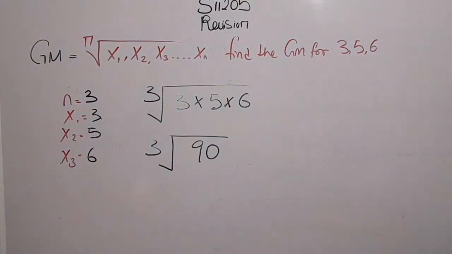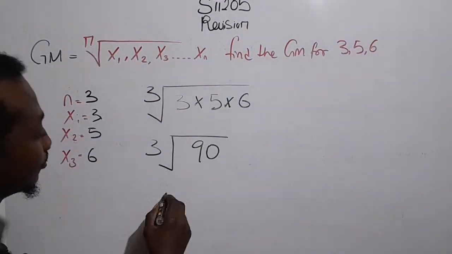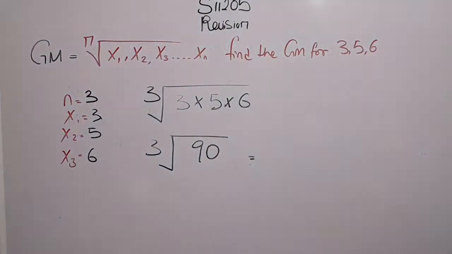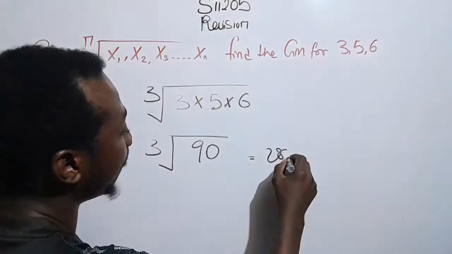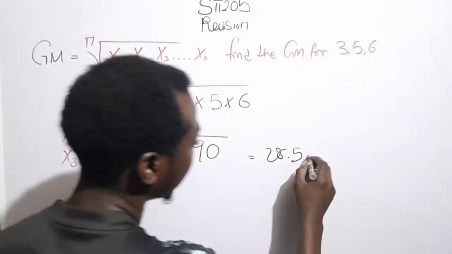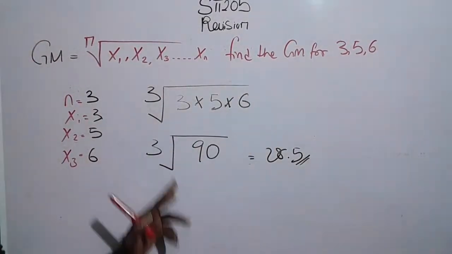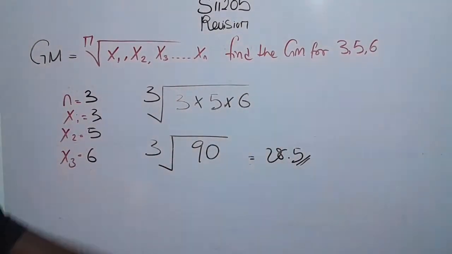You should be getting something like 28.5. When you put 3, then the root of 90, you should be getting 28.5. So that is the geometric mean.